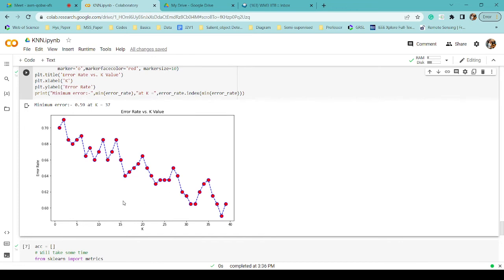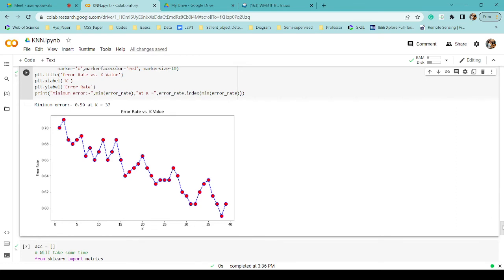It may happen that your error could be minimum at 7 itself, and after that it would have been increasing and increasing, right? So that is how you have to check. With the graph you can see at k 37 my error was minimum. But you cannot predict that, okay, now error is minimum at 37, let's take the k value of 37.